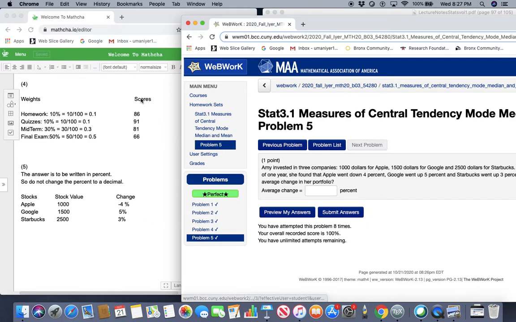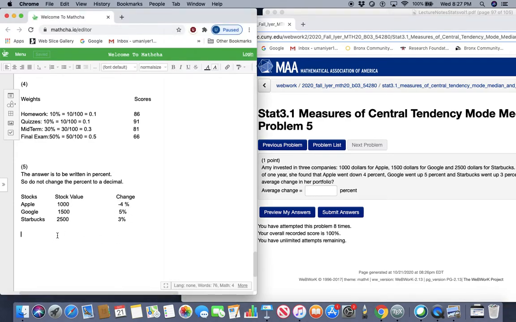Okay. Like in the previous problem, the weights were clearly mentioned and the score was the final average. Here, the final answer is in the percent. So this is the final average and these are the weights. So let's not be confused.